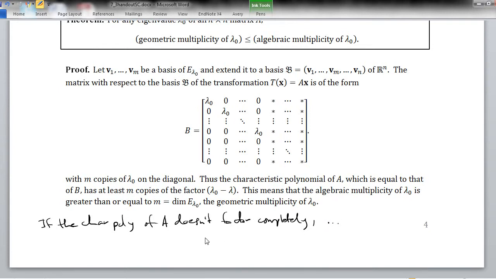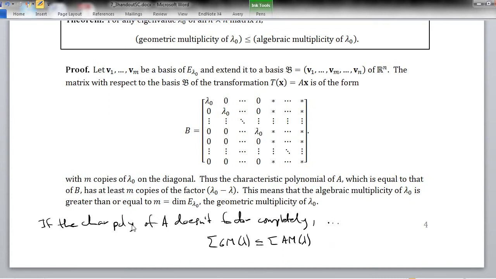And here's why. To see if it's diagonalizable, remember we want to know whether the sum over eigenvalues lambda of the geometric multiplicities of those eigenvalues is equal to the dimension n of your matrix. And, okay, well, each of those is less than or equal to the corresponding algebraic multiplicity. And so if you add up all those inequalities, you get this inequality of the sums.